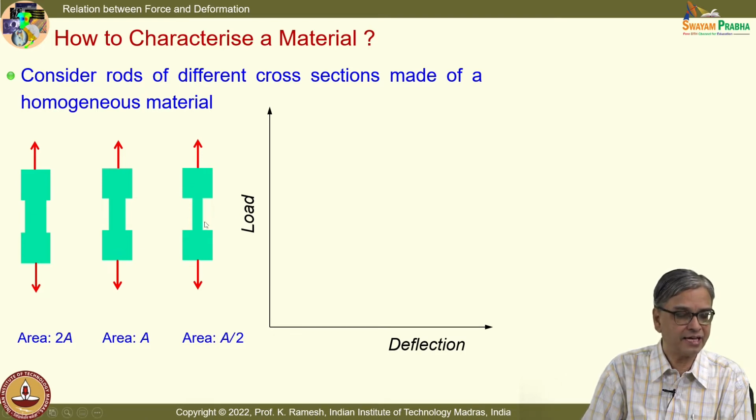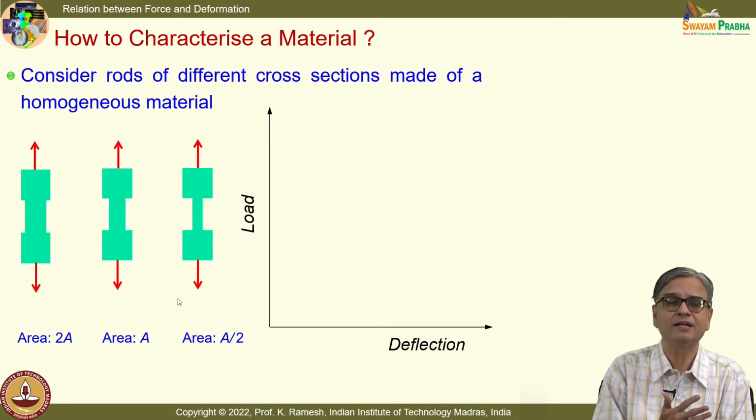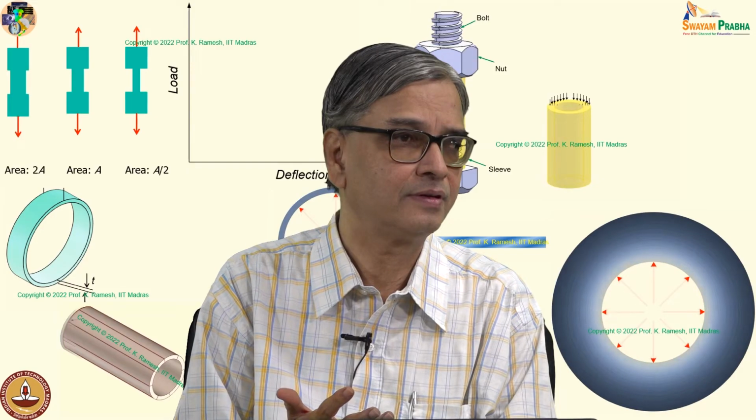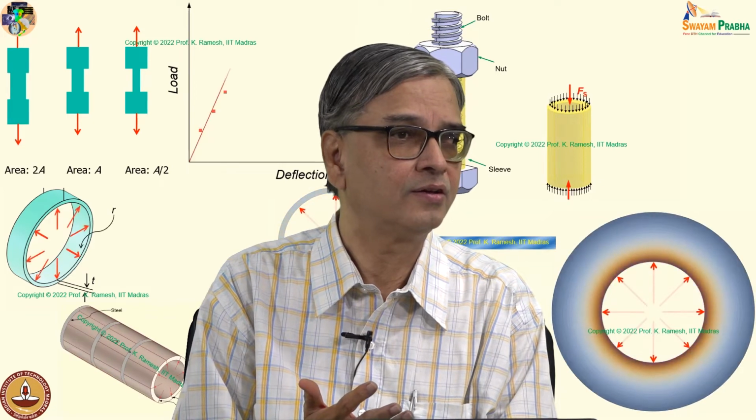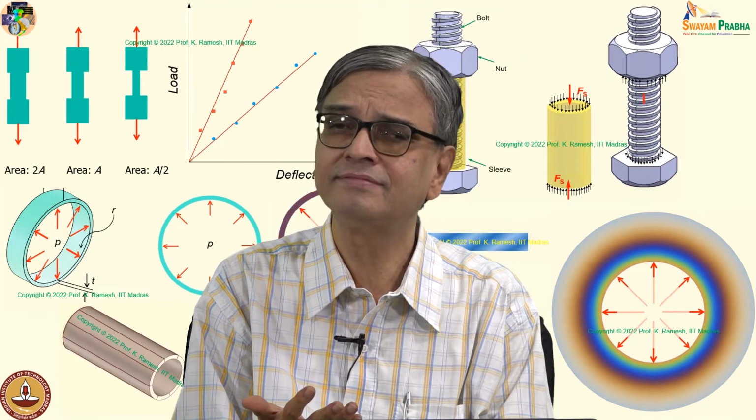And the area is divided by 2 and area is doubled here. Suppose I pull this and plot the force versus displacement. How do you anticipate the relationship? How do you identify? Will they all lie in the same line?